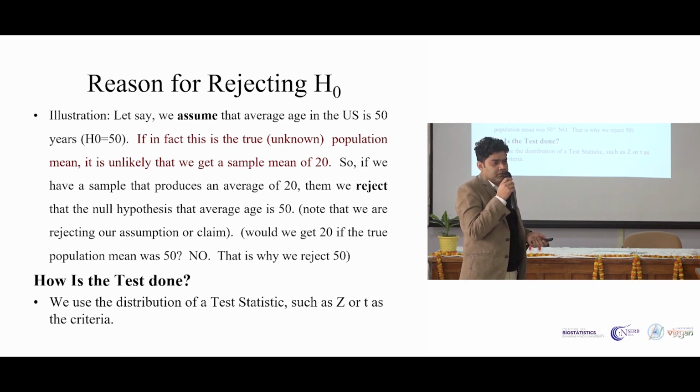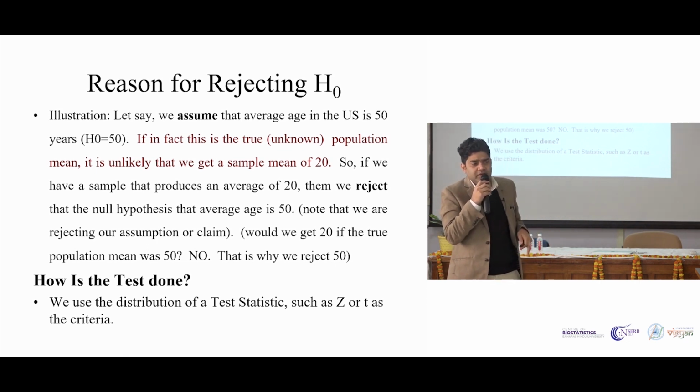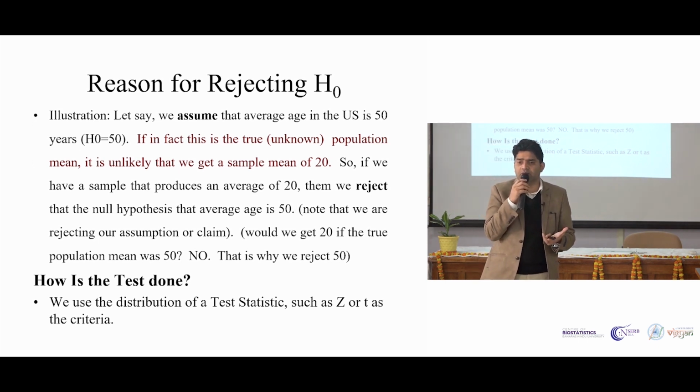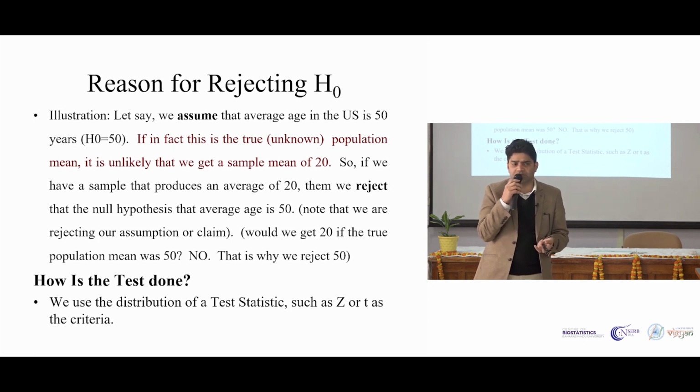And what was the methodology? We will come to the stepwise methodology so that you can have the clear-cut picture. So what was the core? Core is that we are framing a null hypothesis and we are collecting the data. And once the data is collected, then we are observing how well our data is matching H naught. If it is matching very good, p value is high, we will not be able to reject the null hypothesis.